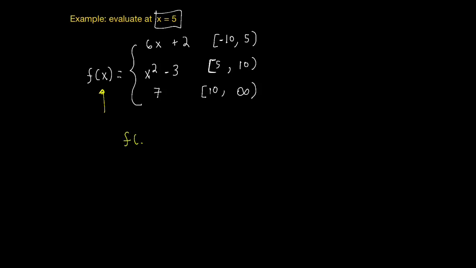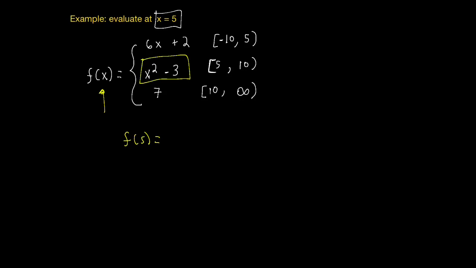We get f of 5 is equal to, so let's skim through these intervals. And again, remember, we always want to look for the one with a bracket if the value is repeated. So this tells us to use this middle function right there, because again, we have a bracket on the 5 here.